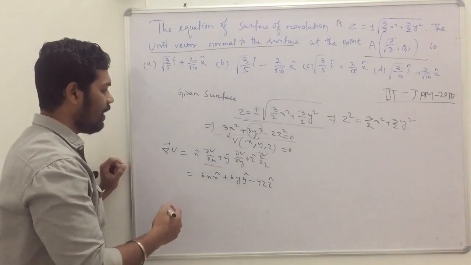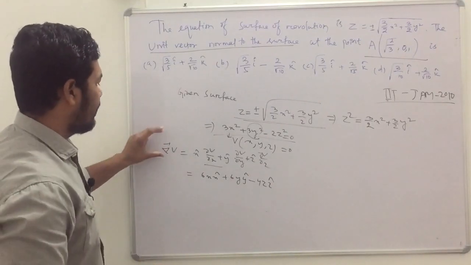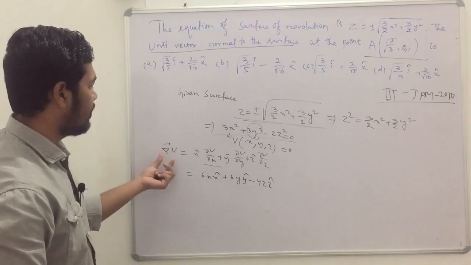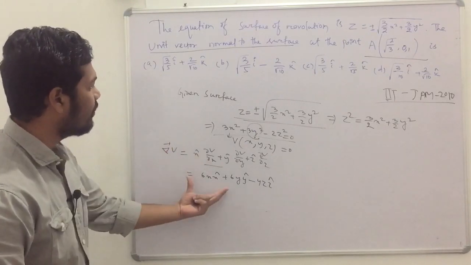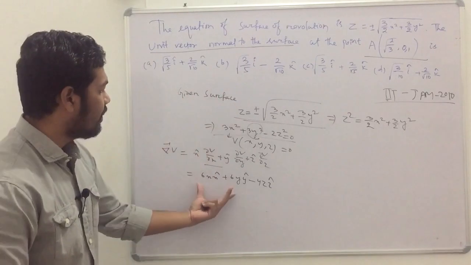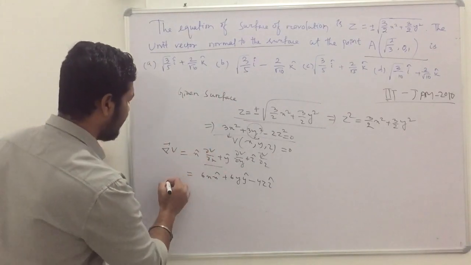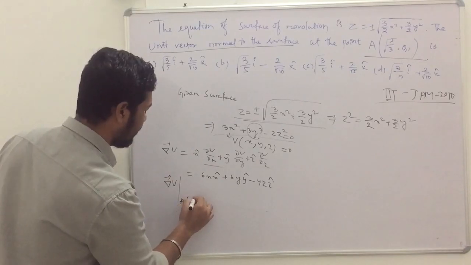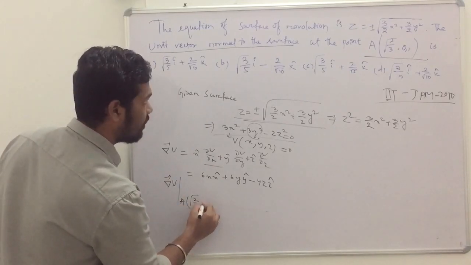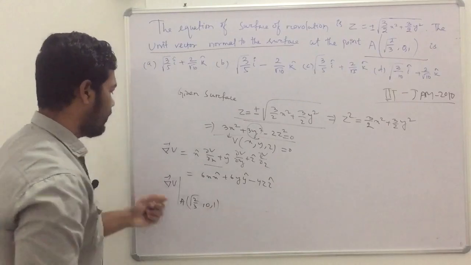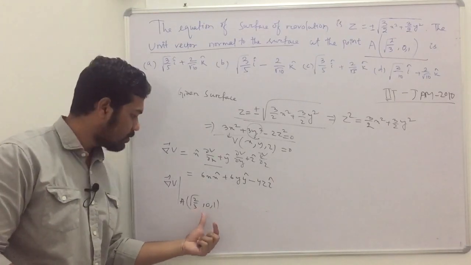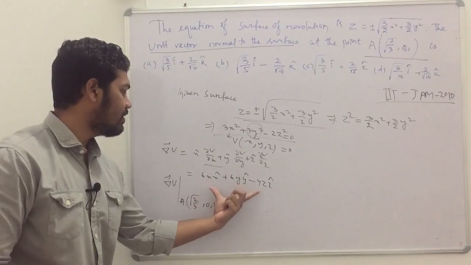This grad v is the vector which is perpendicular to the surface at a given point. You can find grad v at the given point, 2 by 3 root over, 0, 1, by replacing the values of x, y, z in this vector.